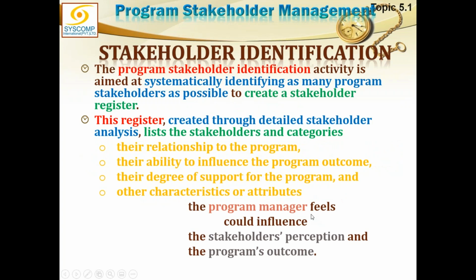As far as the identification is concerned, as I said, just like risks, be proactive and try to identify as many stakeholders as possible. Please ignore how big or small a specific stakeholder is, because you are not analyzing them as yet.